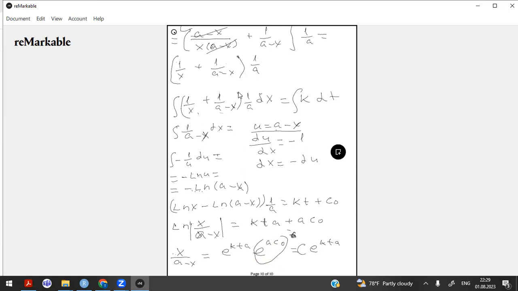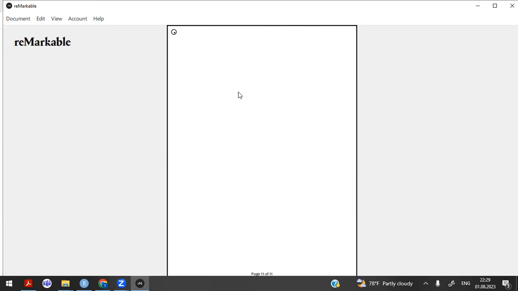Okay. Now let me rewrite this whole equation compactly, and then we can continue.